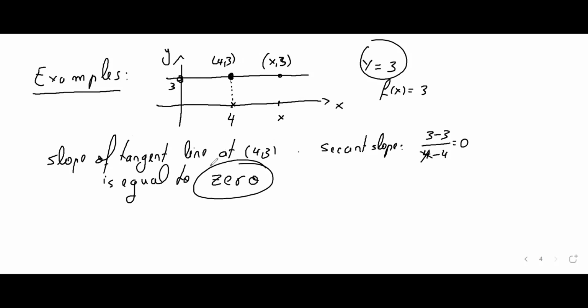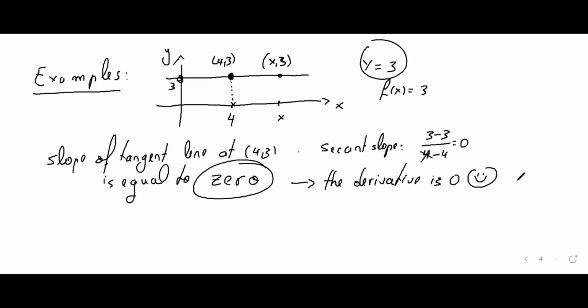All right, which tells us that the derivative is 0. The derivative is going to be 0, folks. Let me circle that again. There we go. So the derivative is 0, folks.